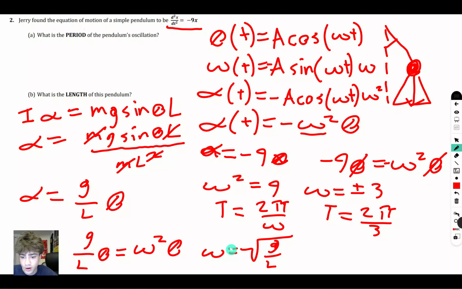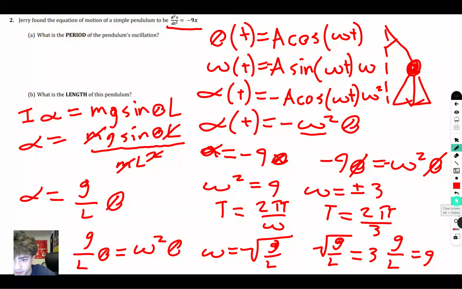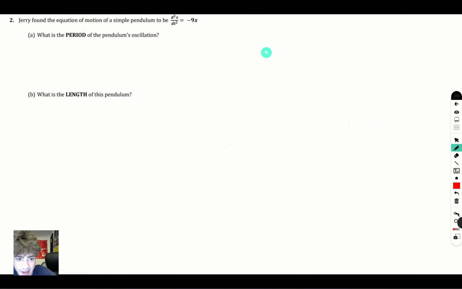And from here, our final step is to set this equal to the omega value that we found here. Root g over L is going to be 3. Square both sides. g over L is equal to 9. And let me just erase all of this here because we don't need it. We have g over L is equal to 9.